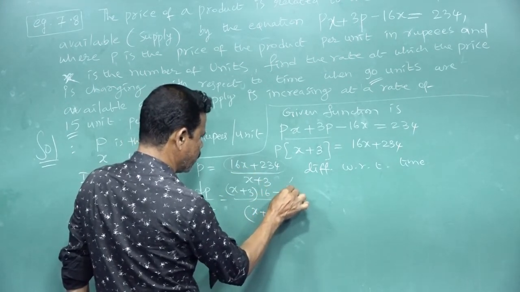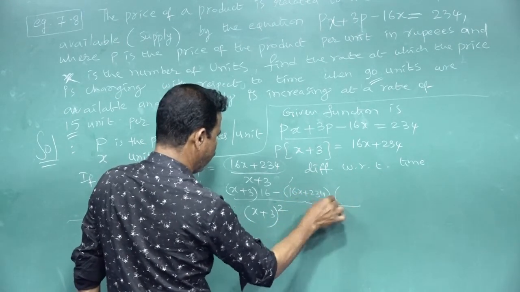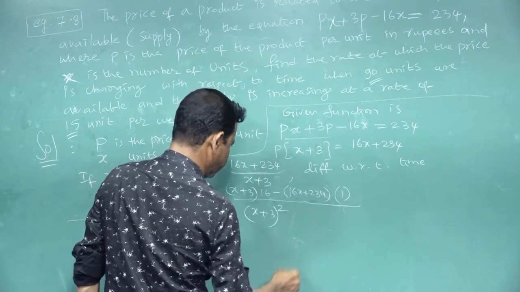Minus 16x plus 234 multiplied by the differentiation of x plus 3, which is 1.